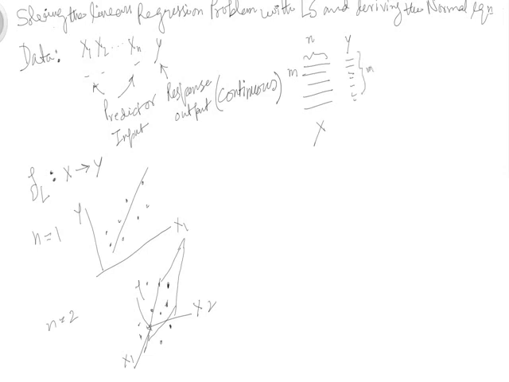Now, coming back to our original problem, we can think of the input data set x as an m by n matrix, and the output vector as an m by 1 vector.